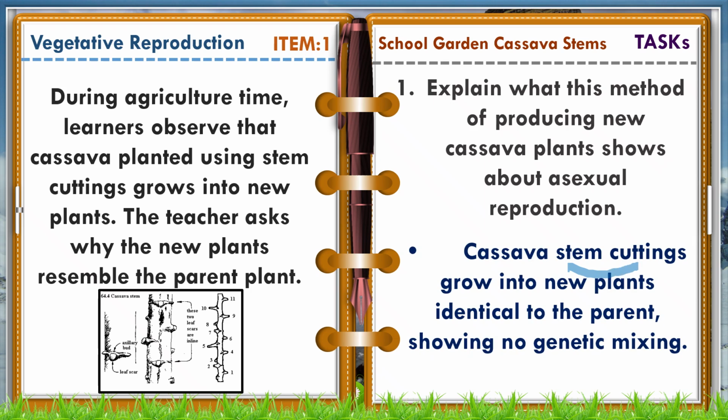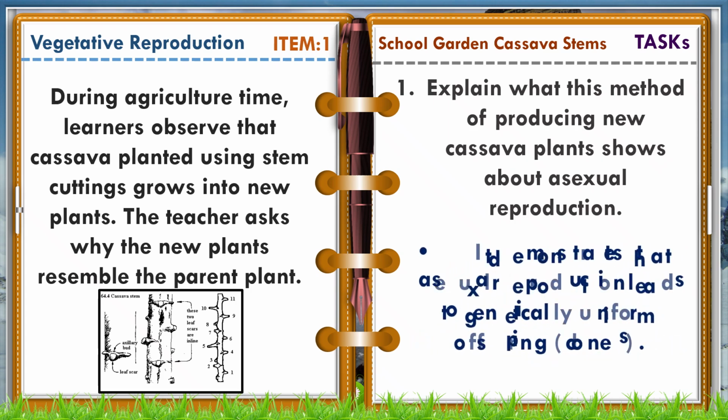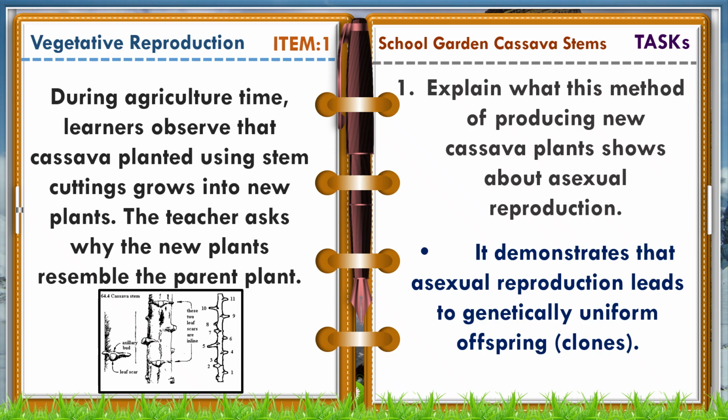Cassava stem cuttings grow into new plants identical to the parent, showing no genetic mixing. It demonstrates that asexual reproduction leads to genetically uniform offsprings, or what we call clones.